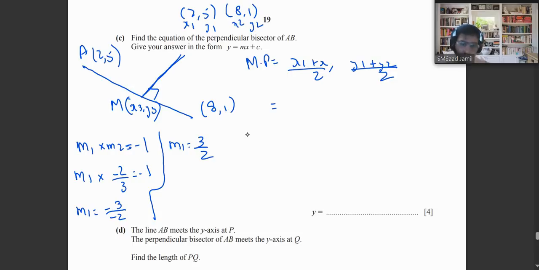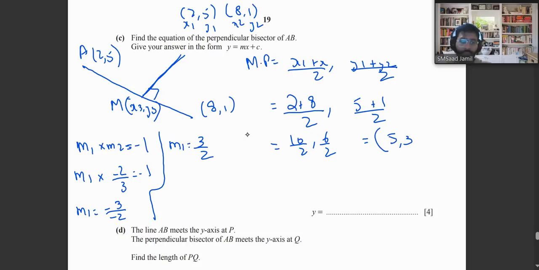So x1 plus x2 is 8 upon 2, comma, y1 is 5, y2 is 1, upon 2. So 10 upon 2 comma 6 upon 2. So the coordinates of this middle point are (5, 3).